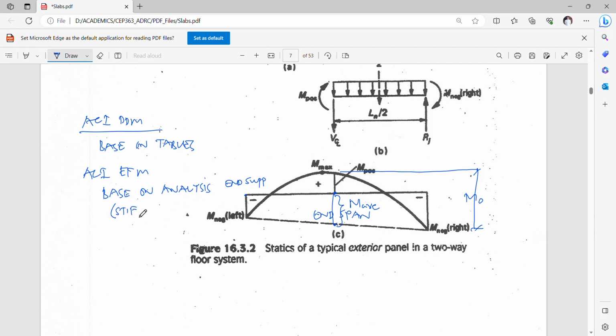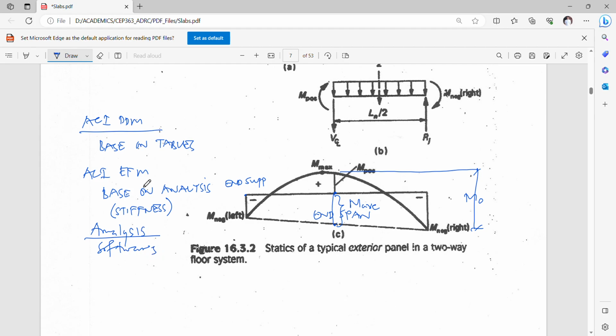We're talking here of stiffnesses that will be controlled and dictated by the end beams, the longitudinal beams, the slab, the columns, etc. So we have to compute those parameters before we can do the analysis. The good thing about the EFM is that the analysis can be made manually or you can use software.